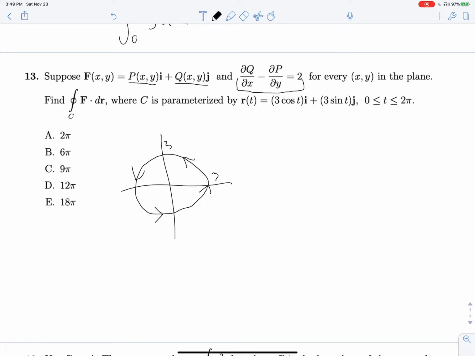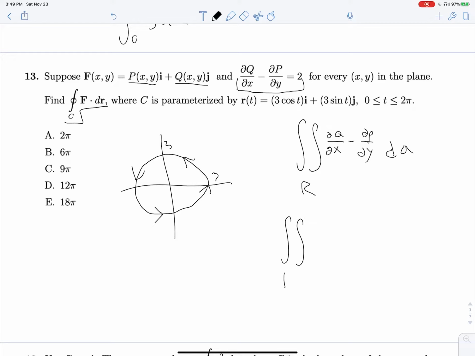So we know that we can turn this f dot dr into a double integral dA of partial q partial x minus partial p partial y. And this gets really easy really fast once you figure that out, because they give us partial q partial x minus partial p partial y.